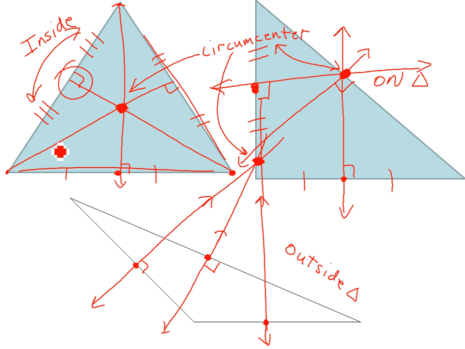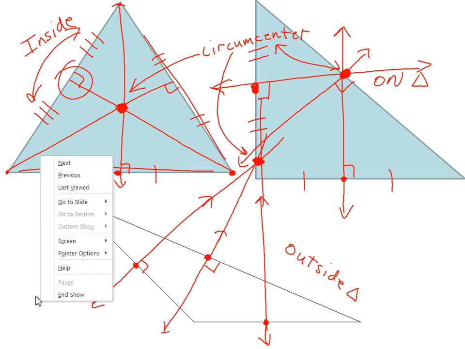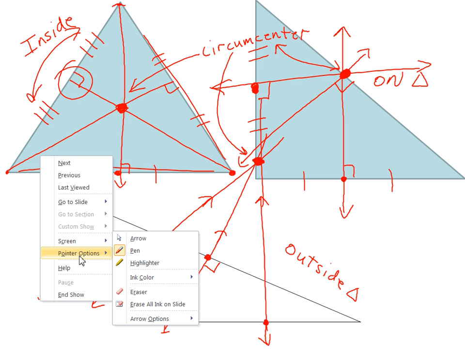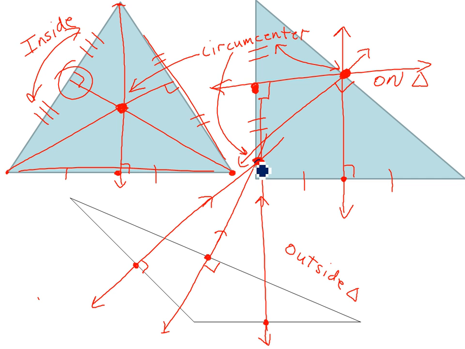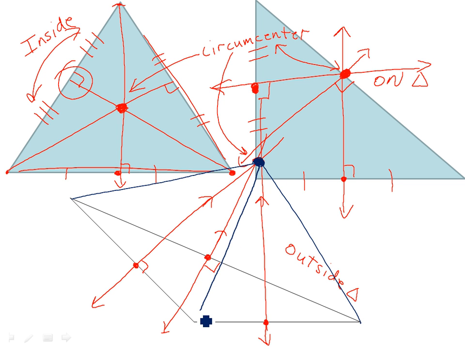So if we go back over here, what they're saying, let me change my color here. This circumcenter right here for this obtuse triangle should be the same distance from that corner of the triangle as it is to that corner of the triangle and as it is to that corner of the triangle.